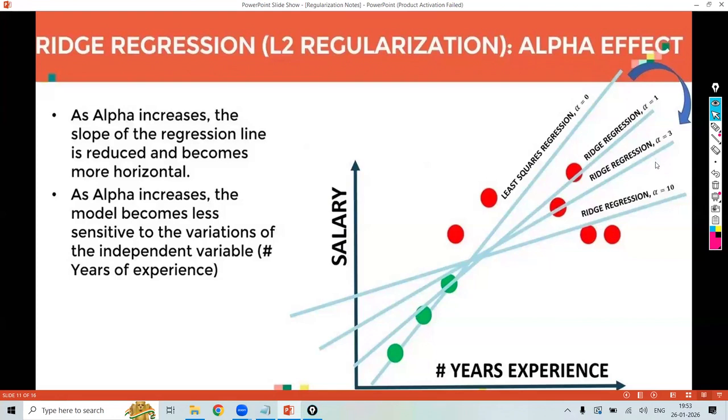Alpha is equal to 2. Alpha is equal to 3. As you increase alpha more, the line becomes more horizontal. Once it becomes more horizontal, there will be no difference in the predicted values. It will not even depend on the slope. Point is clear? Too much alpha will again be a problem.